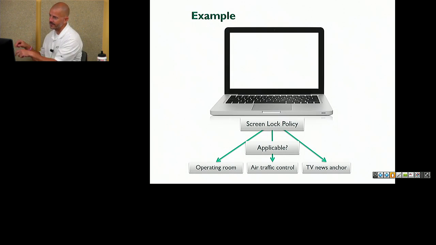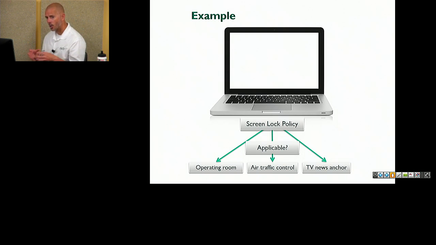I don't want somebody trying to remember what a password is. That is a great opportunity to have an exception. Air traffic control, TV news anchor, other examples like that, where maybe a screen lock policy is not in the best interest of the organization at that particular moment. So they would have exceptions.